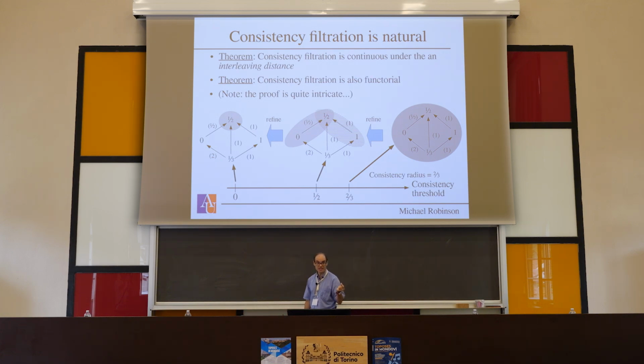It's continuous in what's called the interleaving distance. So how do you compare two coverings, or rather two consistency filtrations? The way you compare coverings is you ask, do they refine each other? If I have a cover that refines another one, and that other cover refines the first, they're somehow equivalent, refinements being morphisms in the category of covers.